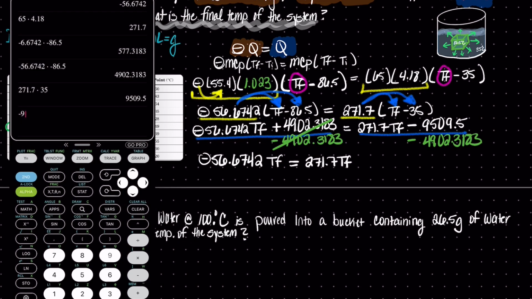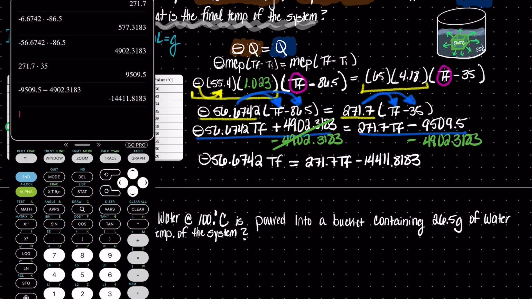Now I got a negative number, negative 9509.5 minus 4902.3183. So I got a negative number getting more negative. We're getting a bigger negative number, so I'd expect it to go up. 14411.8183.